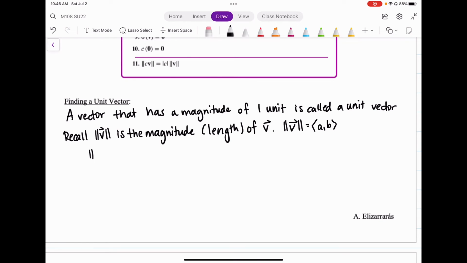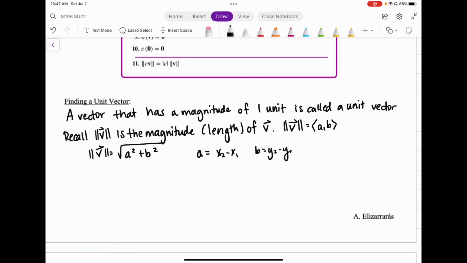The distance between the x coordinates of the initial point and terminal point is the value a, and the distance between the initial point and the terminal point of the y coordinates is the value b. So we can use that to calculate the magnitude by saying that the magnitude is equal to the square root of a squared plus b squared. Because remember that a is equal to x2 minus x1, and b is equal to y2 minus y1. So that is just the distance formula simplified using those values of a and b.